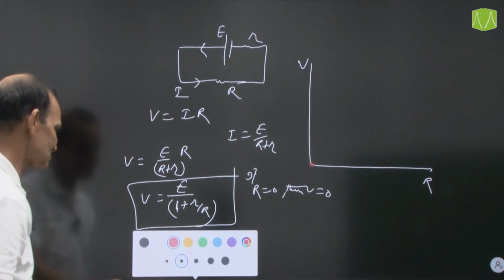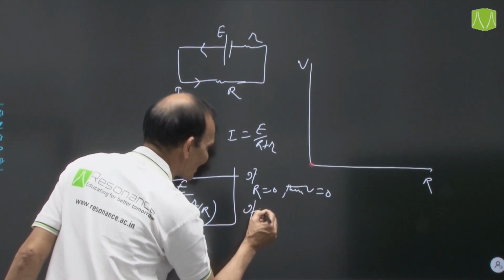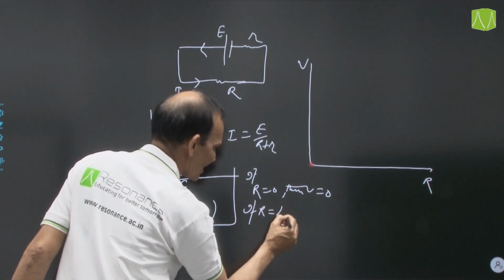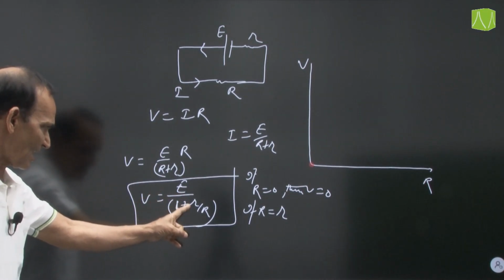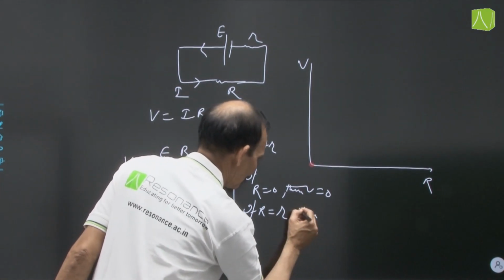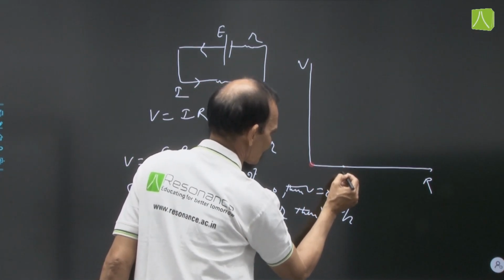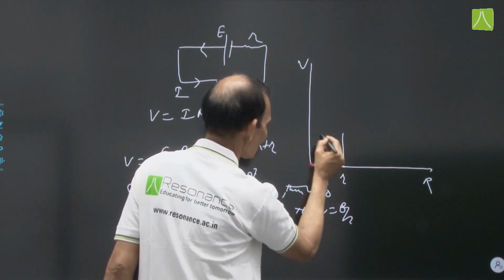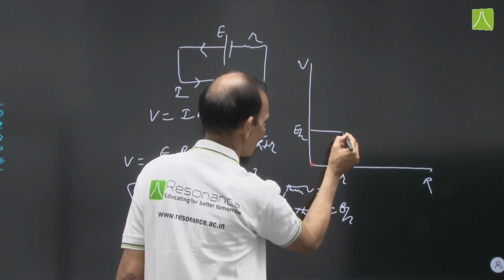Now think about the next: if capital R is equal to small r, then what is the value of V? From here, 1 plus r upon r, then V is equal to E by 2. So here will be E by 2 on the graph.